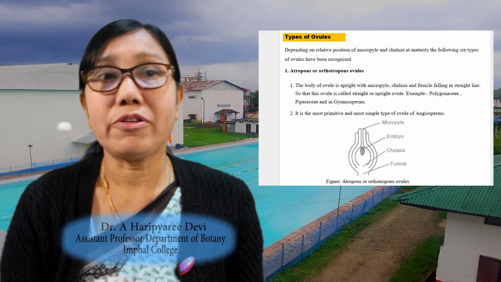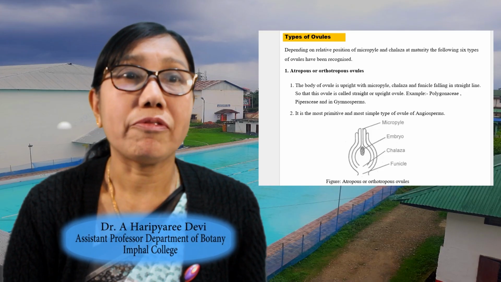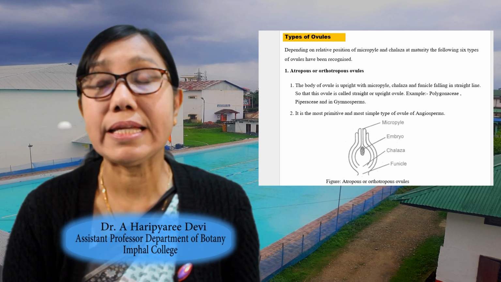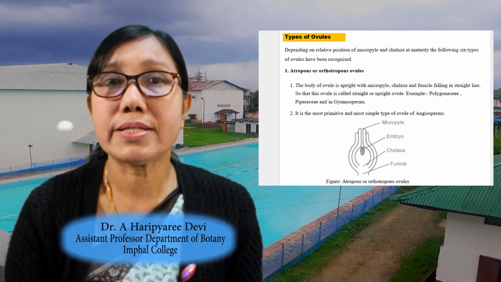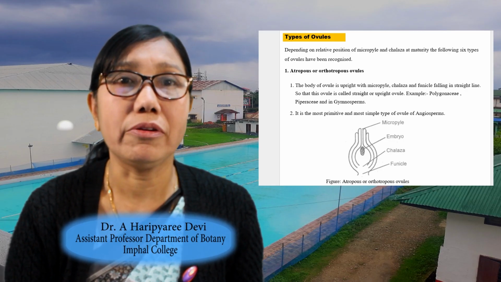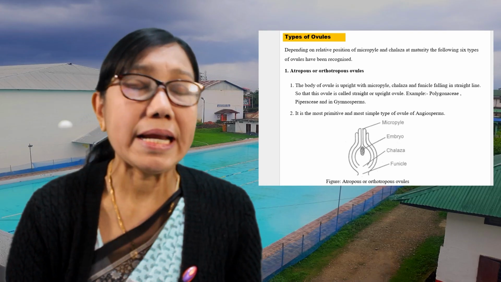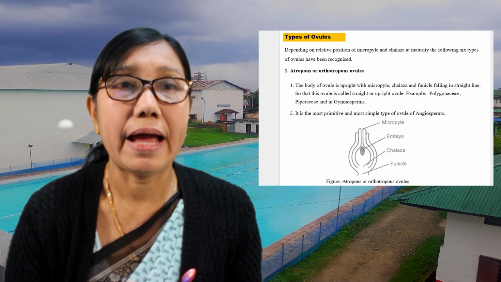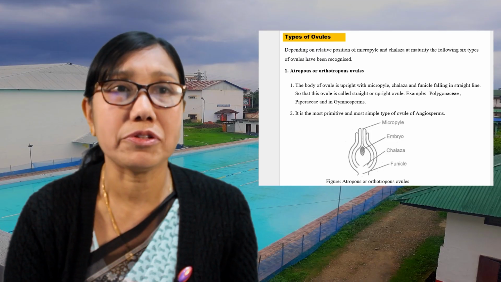So the body of the ovule is upright here, with the micropyle, chalaza and funicle falling in a straight line, so this ovule is called a straight or upright ovule. For example, this type of ovule is found very commonly in the Polygonaceae, Piperaceae and gymnosperms.